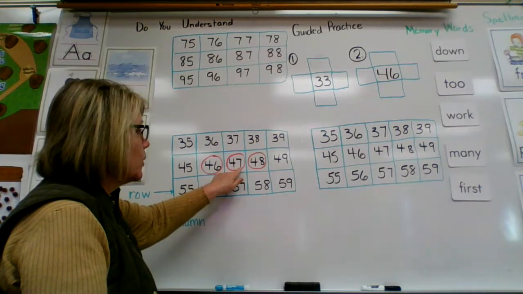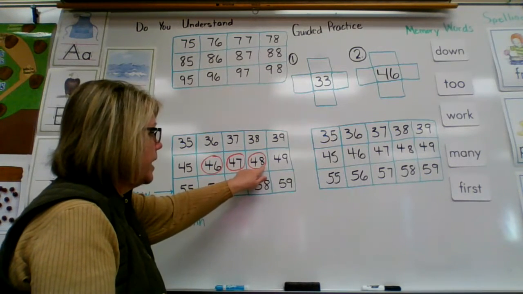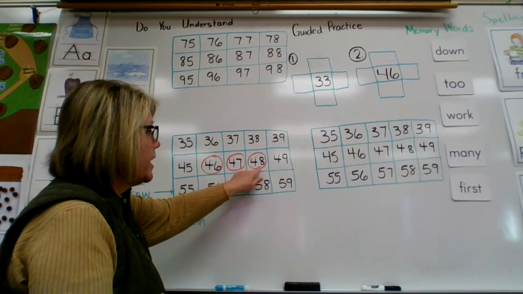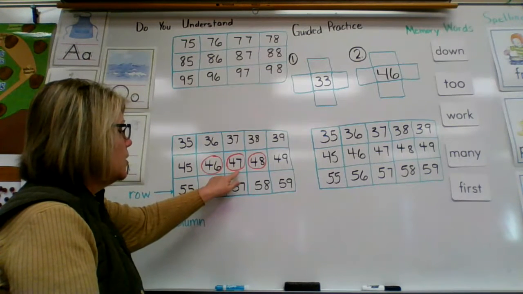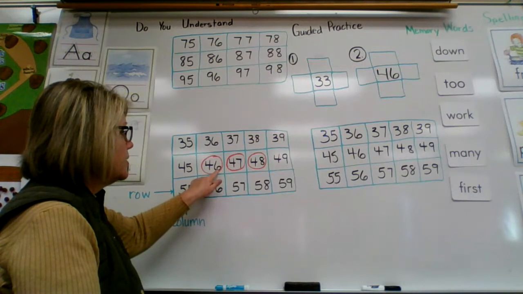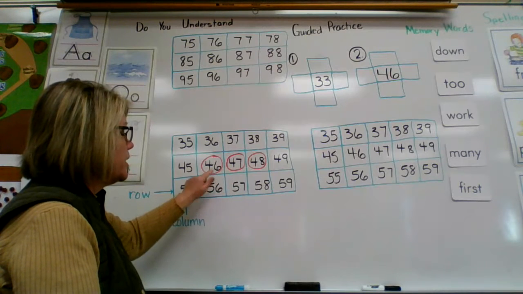What number is one more than 7? 8. So the number that is one more than 47 is 48. And also, if you look at the number in the ones place, what number is one less than 7? 6. So the number that is one less than 47 is 46.